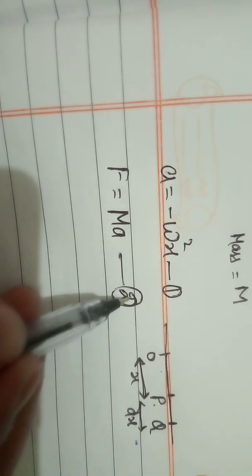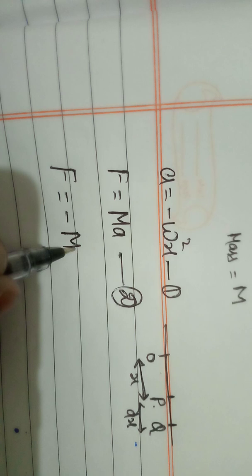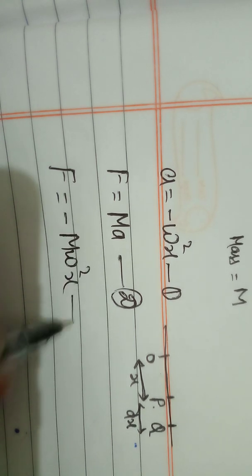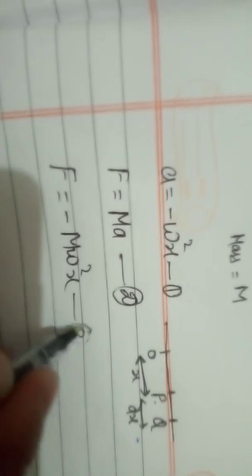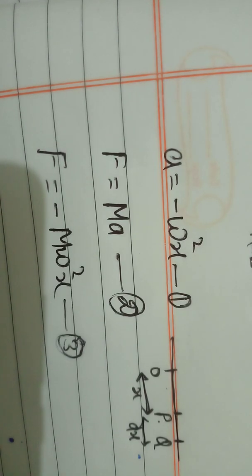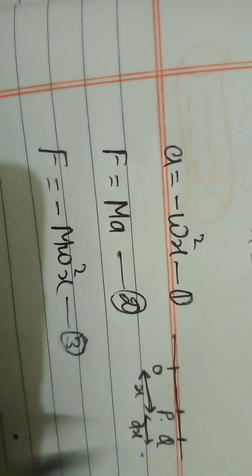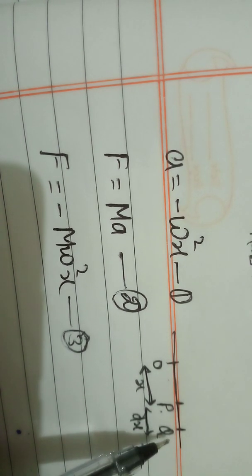Now put the value of 1 in 2. It means that F is equal to minus m omega square x, and this is the value of the force.